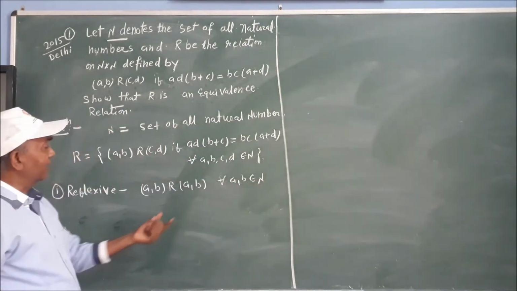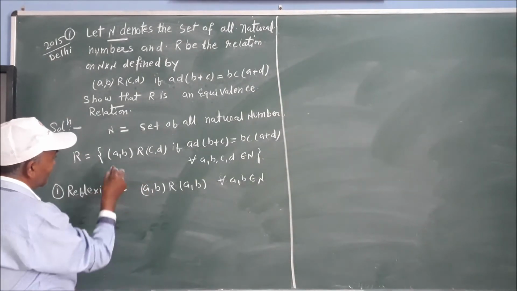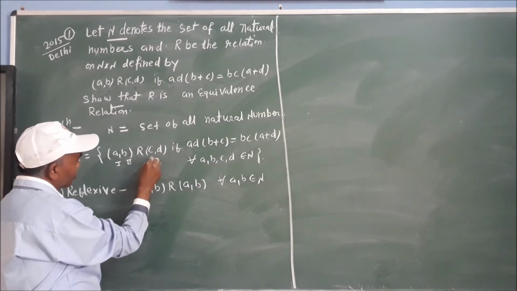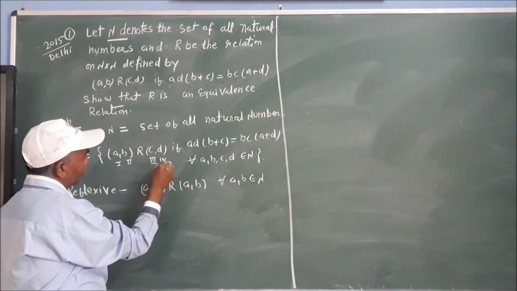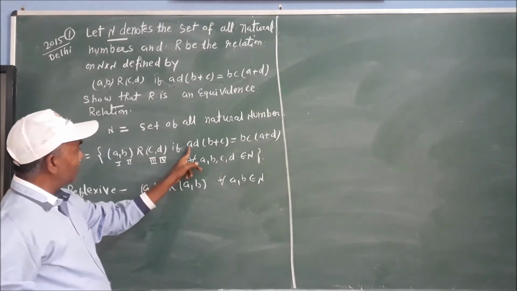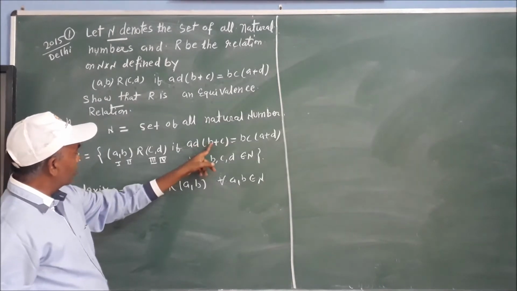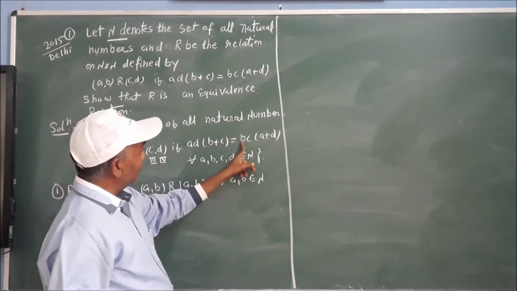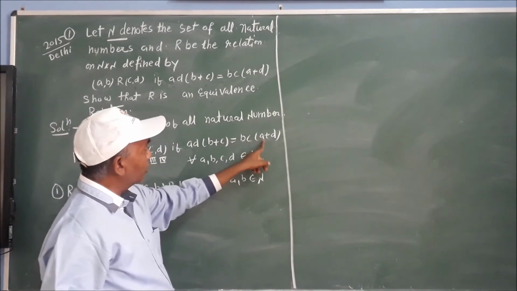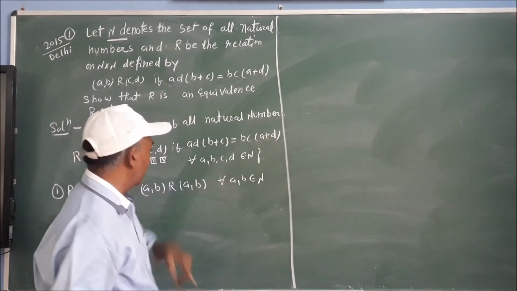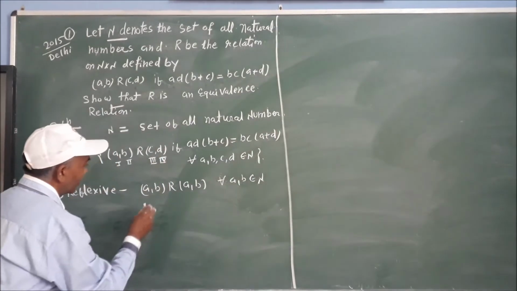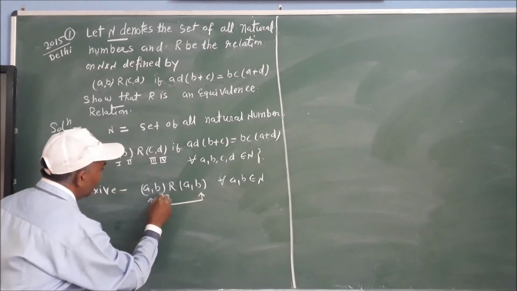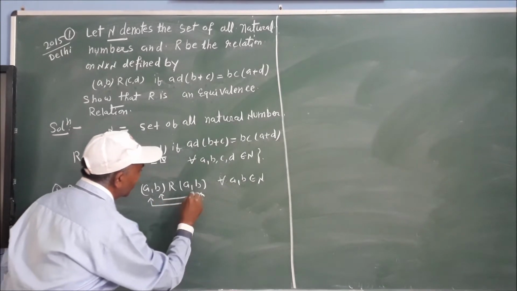So what is its meaning? First see what is its meaning in relation. This is your first element, this is your second element, this is your third element, and this is your fourth element. So we are saying that first element into fourth element is equal to second element plus third element, and after that second element into third element is equal to first element plus fourth element. So using this fact, we can write first element into fourth element is equal to second element plus third element.